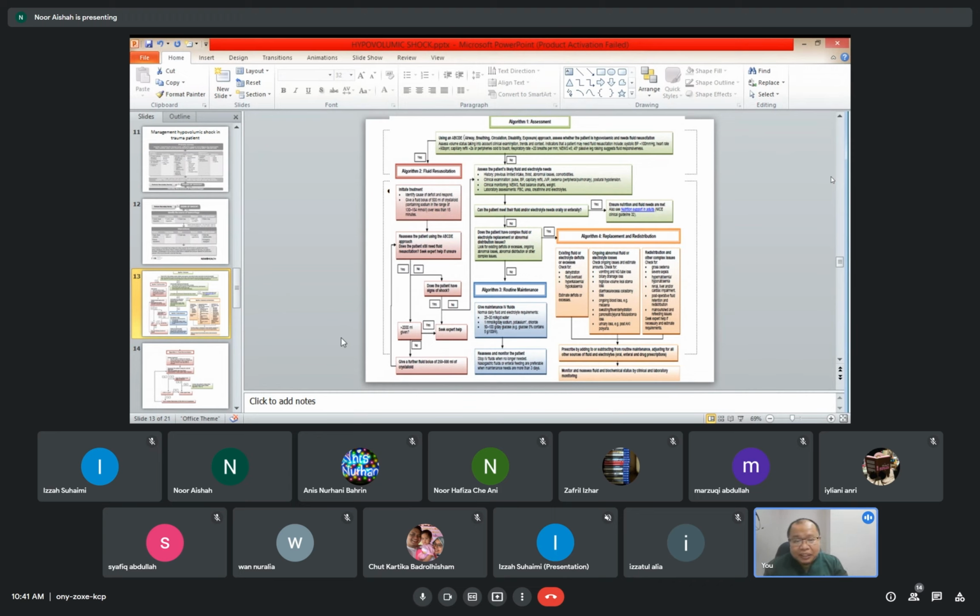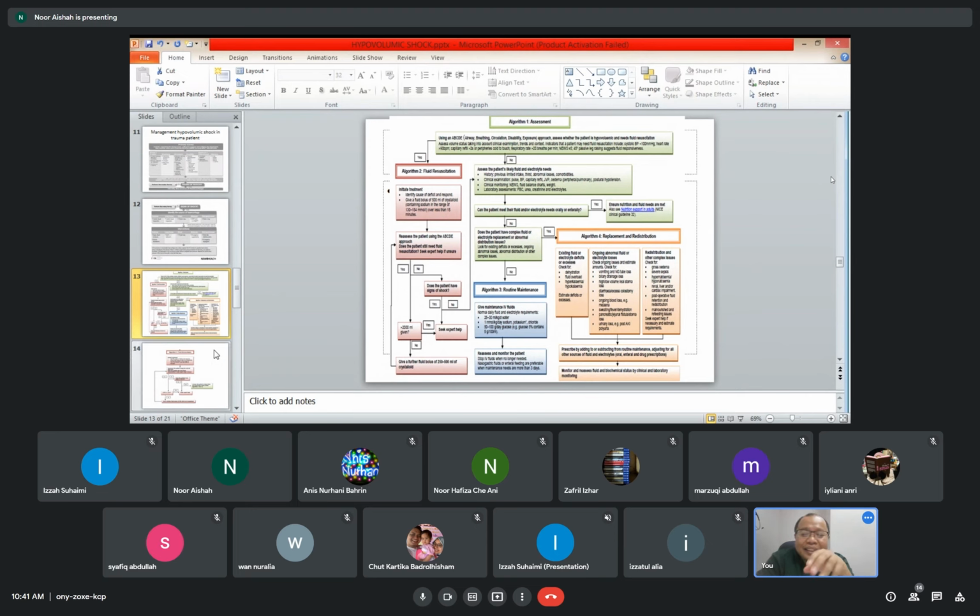Tapi bila bercerita pasal trauma ni, dia usually specific sikit. Dia akan cerita pasal blood product kan. Sebab bila ada algorithm ni, dia macam campur trauma dengan non-trauma. So sebab tu bila awak present ni nampak macam lompat sikit. Atas slide 11-12 cerita pasal trauma, tiba-tiba slide 13 masuk macam non-trauma, slide 14 masuk trauma balik.